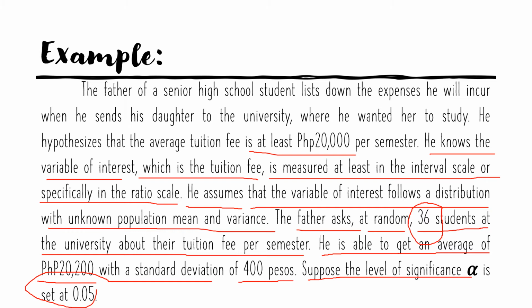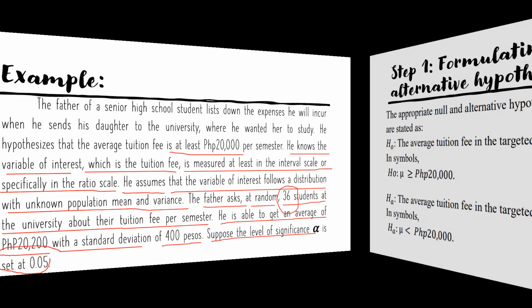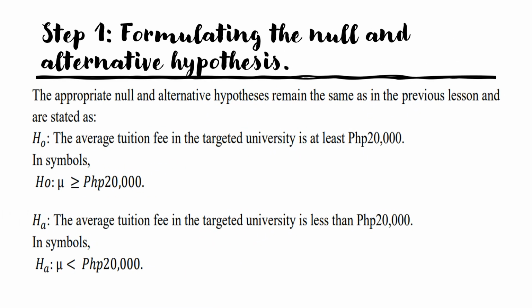Now, let's move forward with step number 1, formulating our null and alternative hypothesis, aligned to this example when the CLT is used. The appropriate null and alternative hypotheses remain the same as the previous lesson.